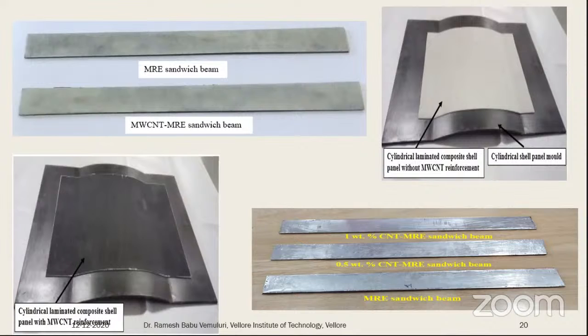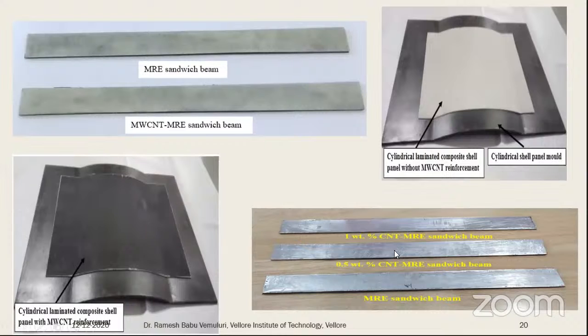There we can use these magnetorheological elastomer sandwich shells. By applying the magnetorheological elastomer as its core material, it can increase the stiffness as well as the damping properties of the shell structure, so that its life will be enhanced.